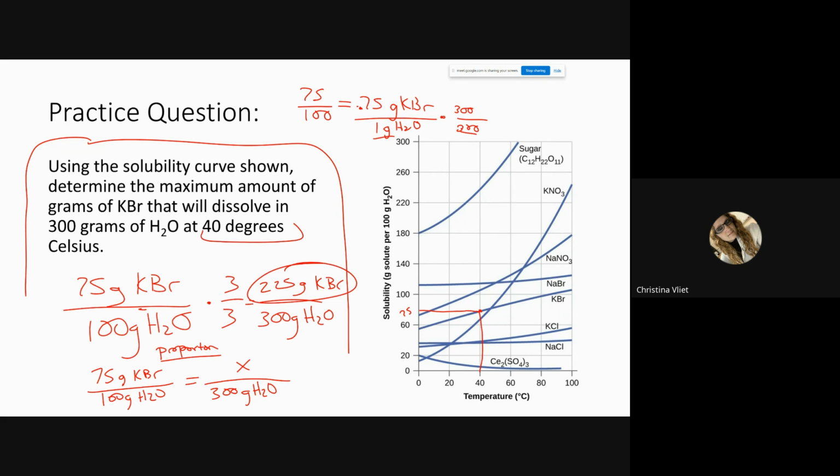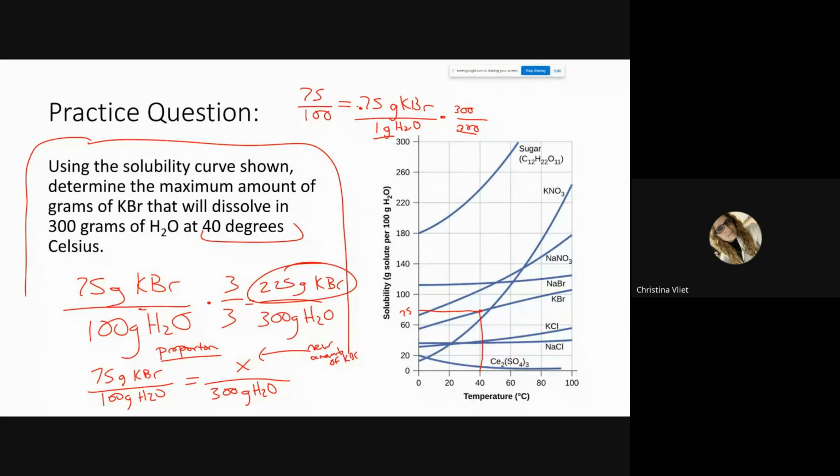The other method, if the numbers aren't so simple and you can't just figure out that it's multiplied by 3, right? Because we were able to look at that and see that 300 is 3 times 100. If they're not easy, because they're not always easy, then you would set up a proportion. 75 grams of KBr for 100 grams of water equals X, the new amount of KBr, in 300 grams of water.